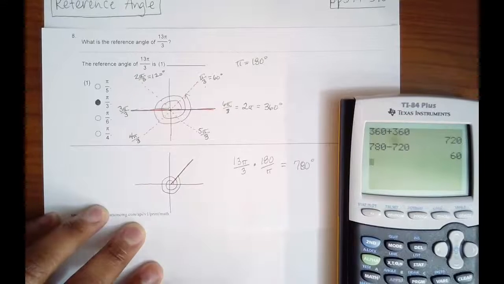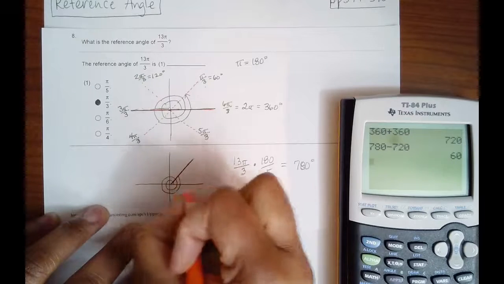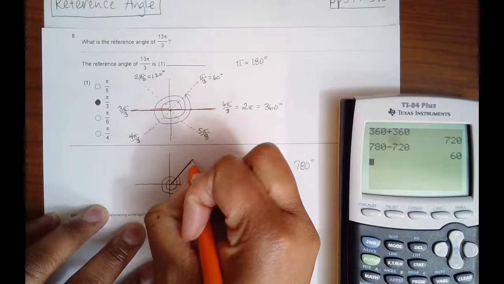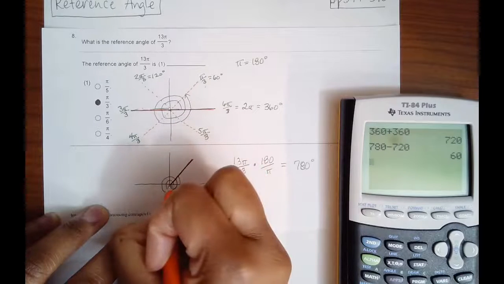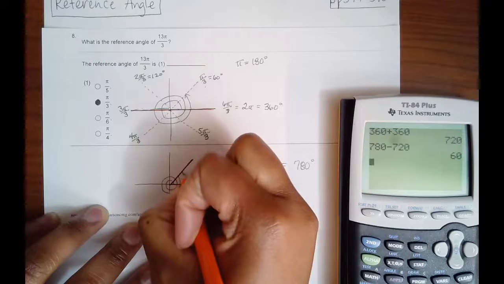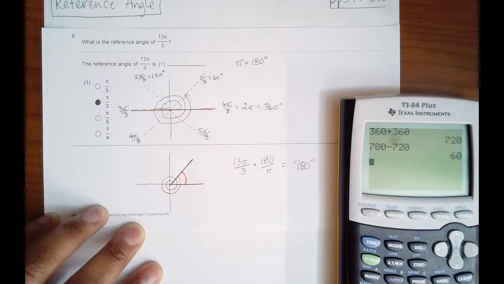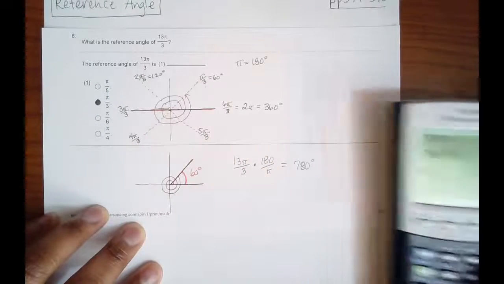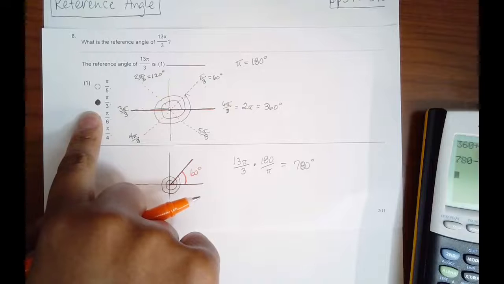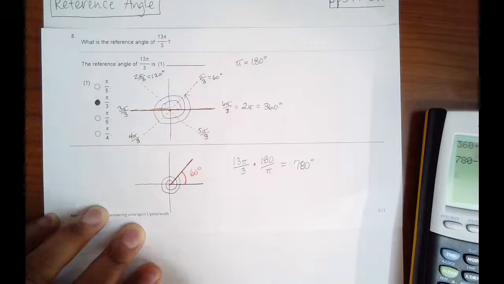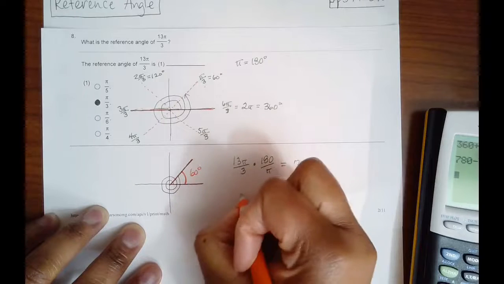So again, by definition, the reference angle is made with the terminal side and the x-axis. So they are asking for the measure of this right here. Now in degrees, it's 60, but since they clearly want our answer in terms of pi, we have to change it back to radians.